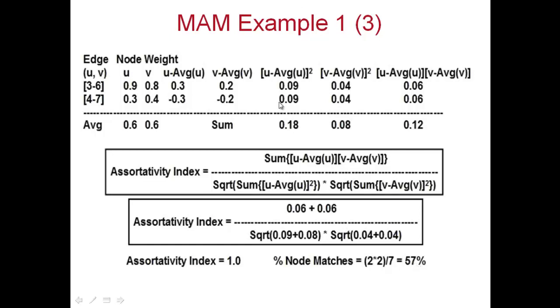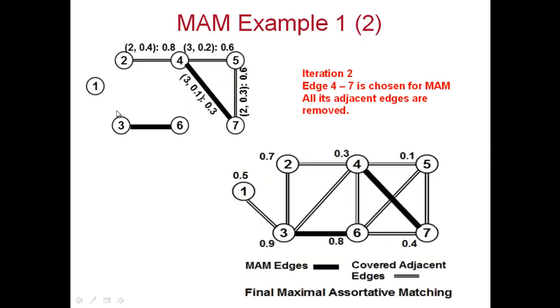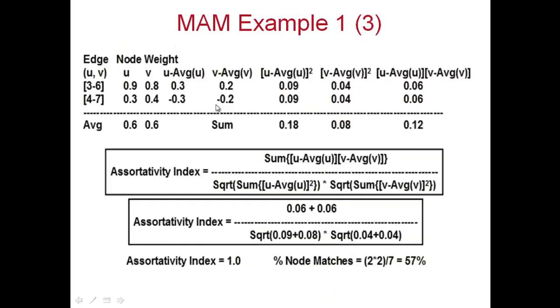Now let us go ahead with the calculations for the assortative index and see what it is for these 2 edges that we have picked for the matching. So 3, 6 and 4, 7 are the 2 edges, and we write down the corresponding node weights. The weights of nodes 3 and 4 are 0.9 and 0.3, for 6 and 7 they are 0.8 and 0.4. Find the average of these numbers.